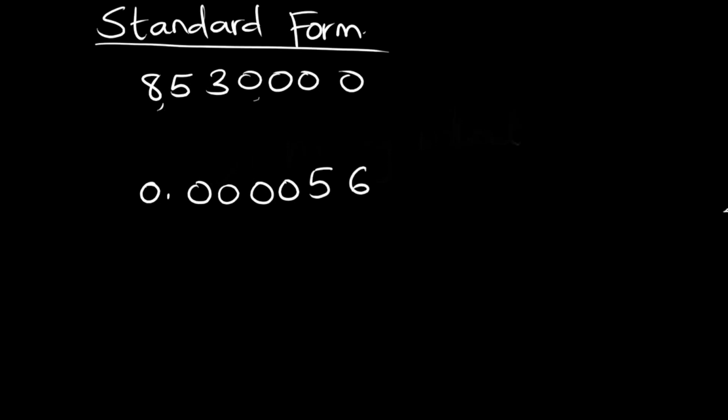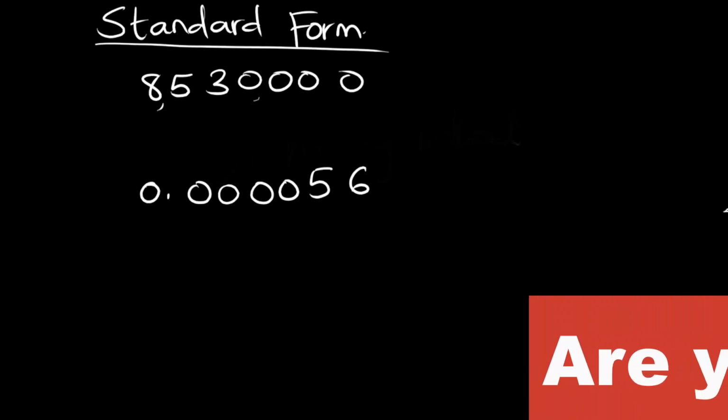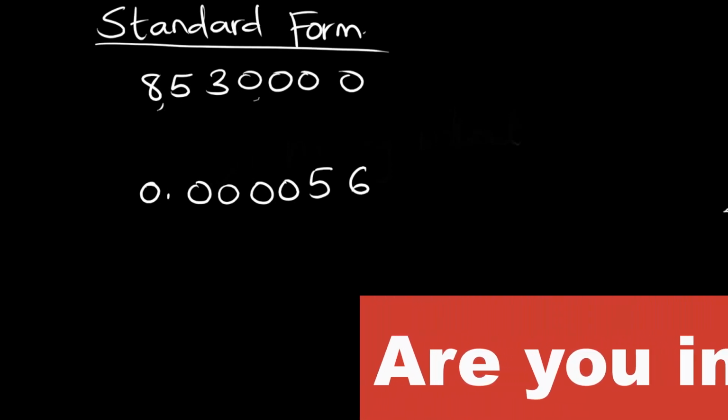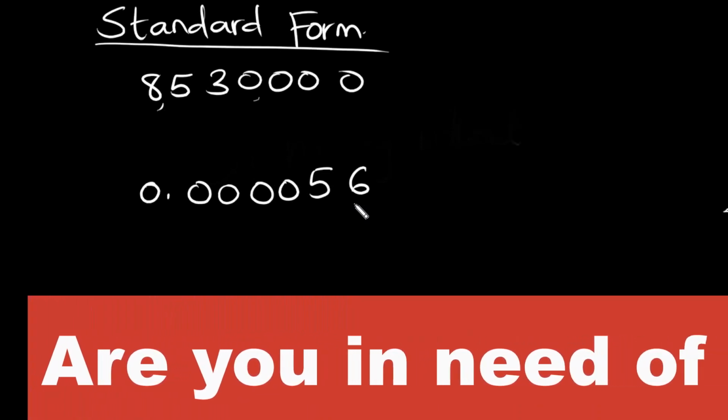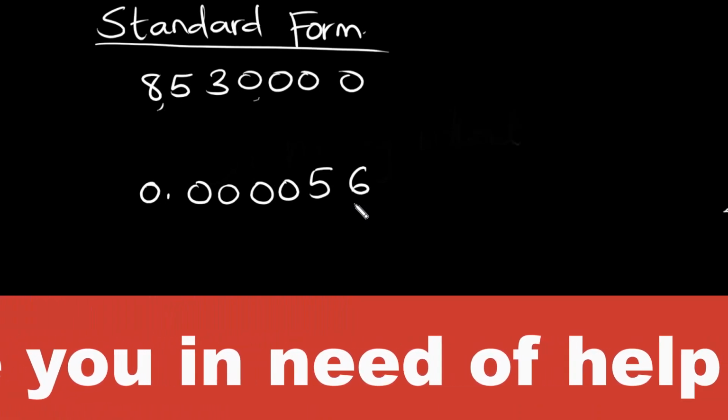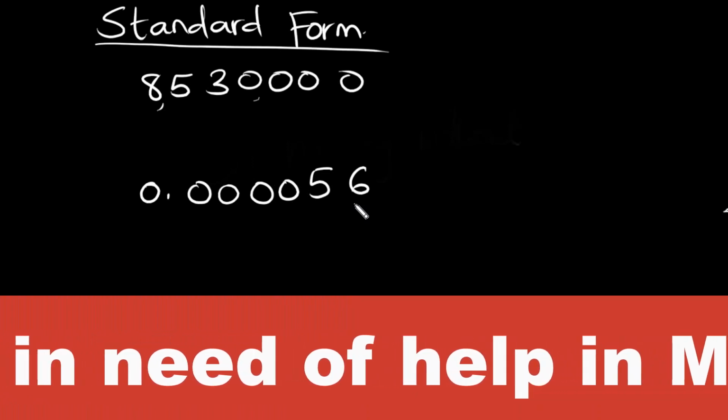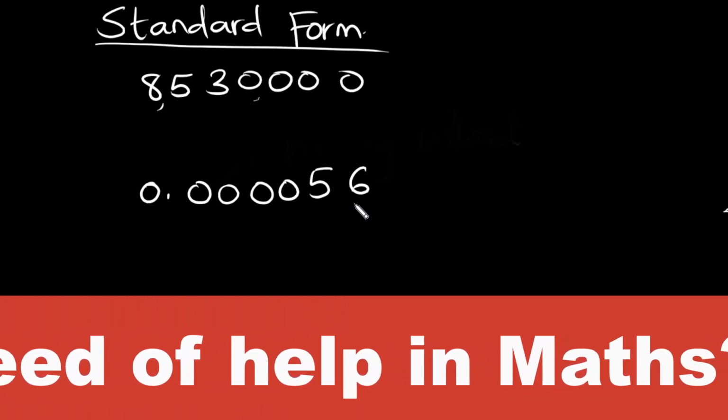Yeah, so this is a very small number. So standard form enables us to write such numbers in a more convenient way, so that when we are working out problems involving such numbers, it becomes a bit easier.